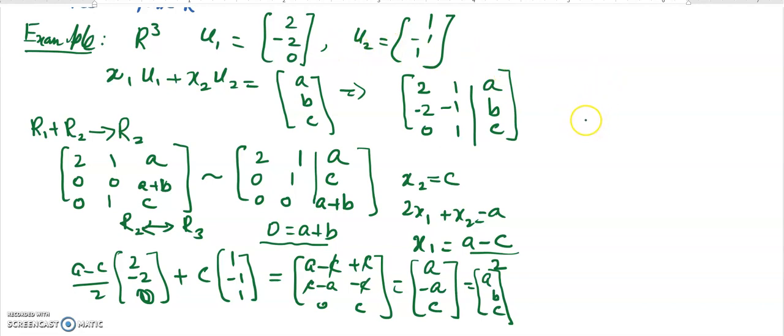Okay, so u1 and u2 are in the span of R3, because the values which we have found prove that they are in the span of R3.